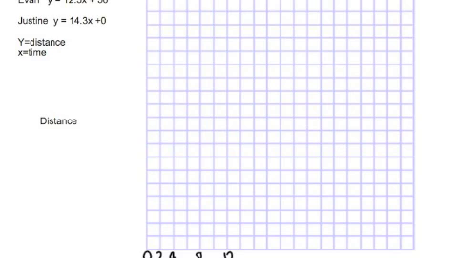So you notice that I'm using the scale of 2 for time. I'm going to use a scale of 5 for the distance.